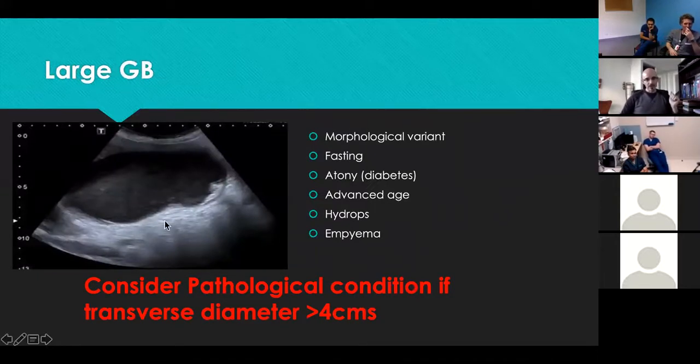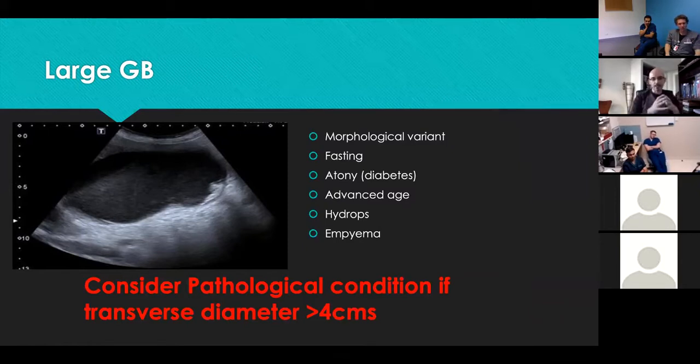The other thing that we look at is the gallbladder diameter. Usually the biggest part of the diameter, less than 4 centimeters, is normal. If it is more than 4 centimeters, it can be pathologic, for example, some sort of obstruction, but it can be some morphological variant, fasted patient, different anatomy, for example, in the diabetic patient with atonia.